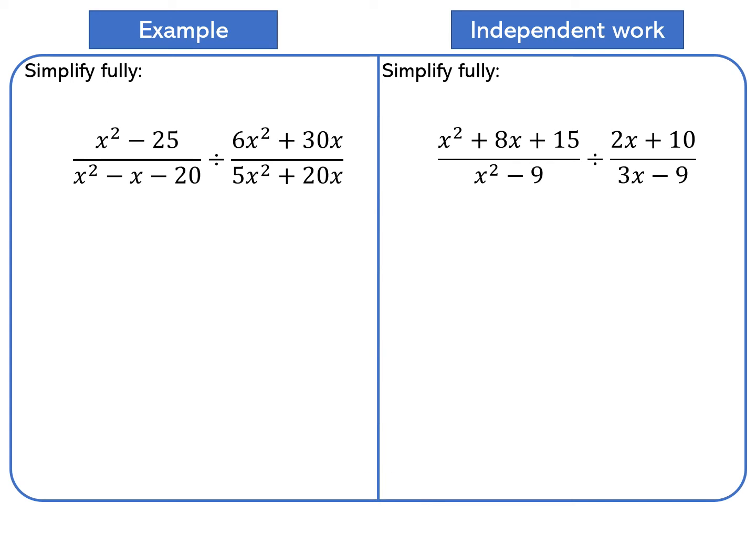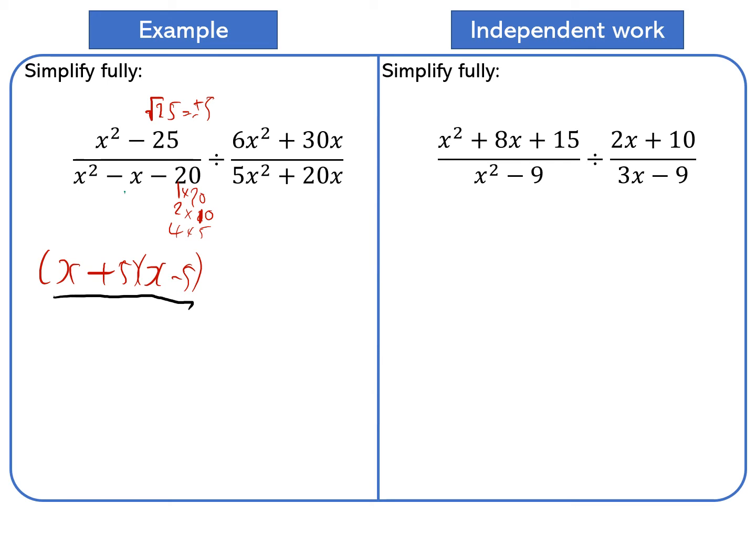Simplify fully. First of all, I've got x squared minus 25, so difference of two squares, so square root of 25 is plus or minus 5. So that's my numerator, x plus 5, x minus 5. And then all divided by, and I can factorize this, 1 times 20, 2 times 10, 4 times 5.